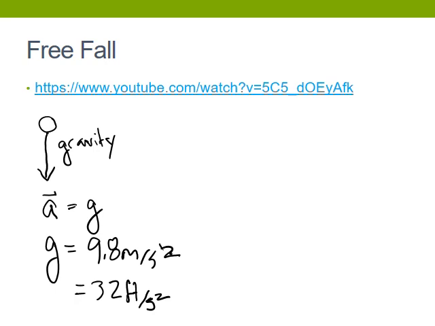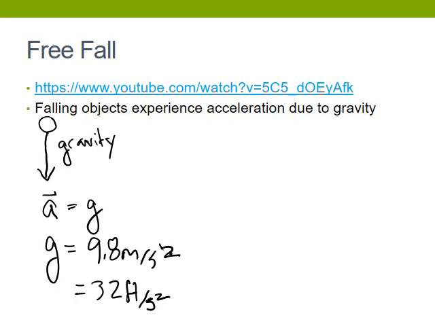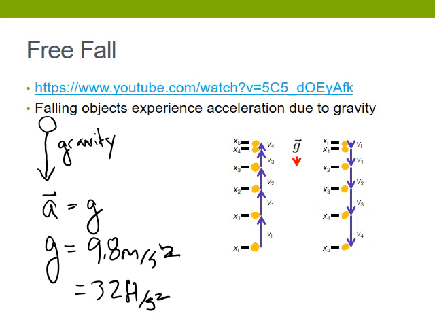Of course, what this means is that it doesn't matter if we have an object being thrown upwards or something being dropped from a height. Both of these objects will experience a constant acceleration of 9.8 meters per second squared.